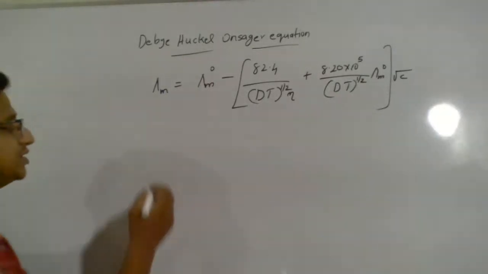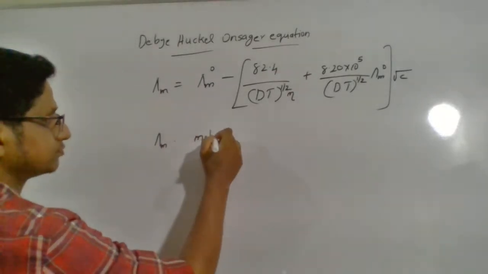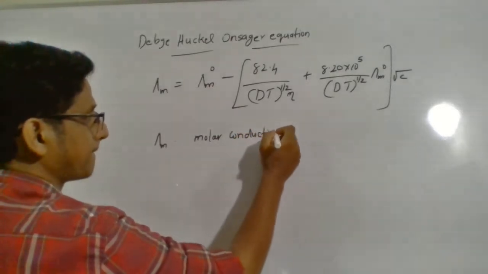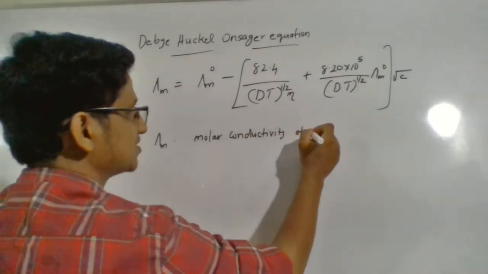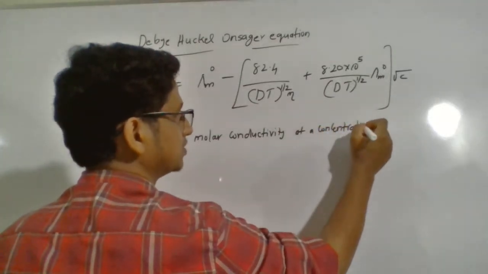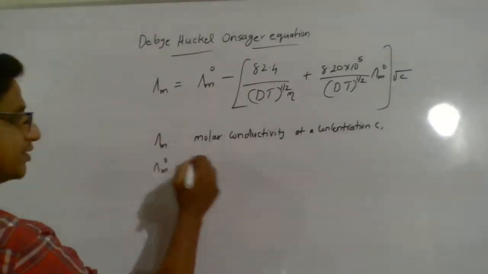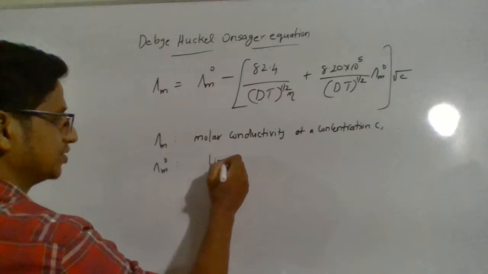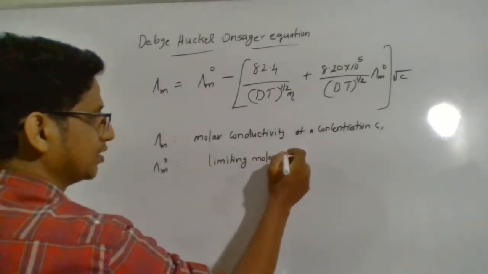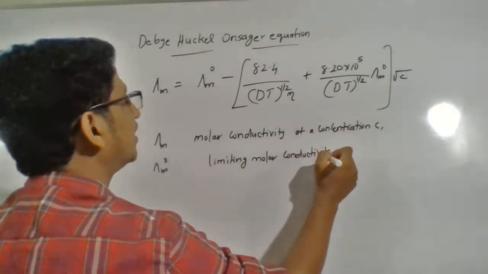Well, let us introduce the terms. Lambda m is the molar conductivity at a concentration C. And lambda m0 is the molar conductivity at infinite dilution, that we will call limiting molar conductivity. What is D all about?